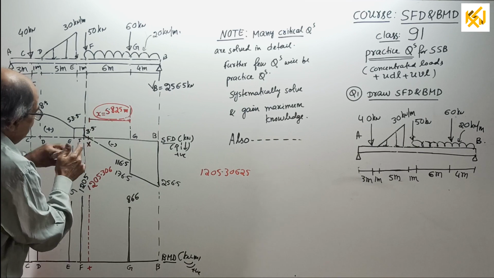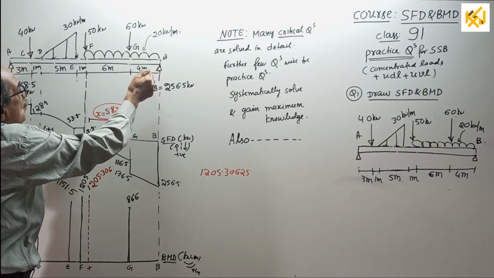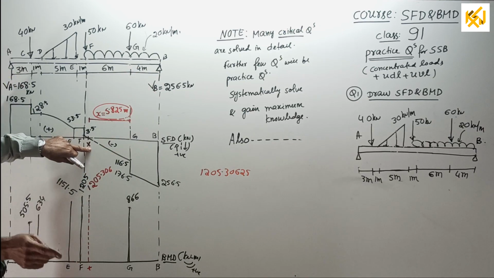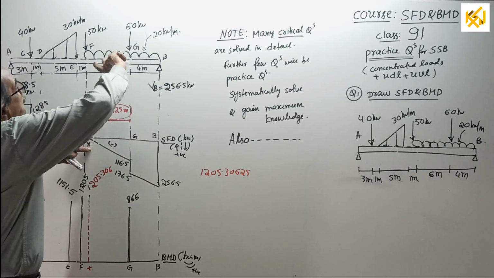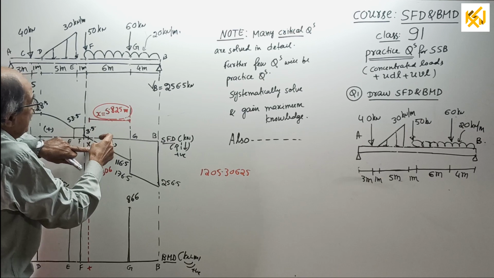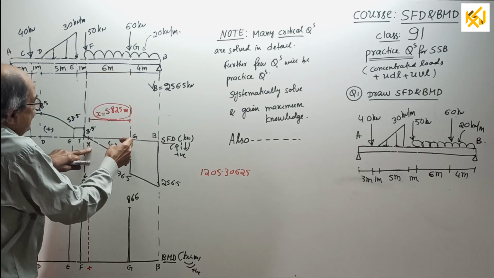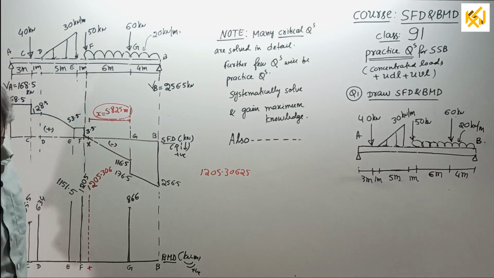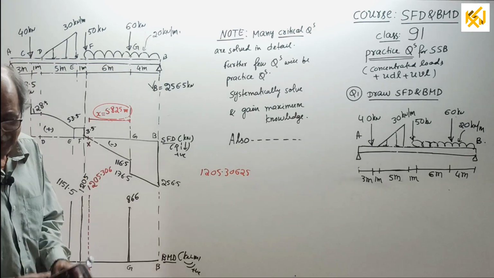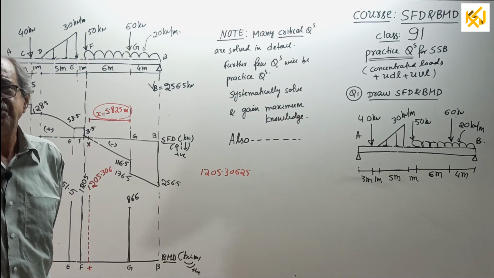See now, bending moment here: 256.5 into 4 plus 5.825, that is 9.825, minus 20 into this length, 9.825 into 9.825 by 2, minus 60 into 5.825. If you want, I will calculate. 1205.306. I got confidence in me. So, you check it. Yes.